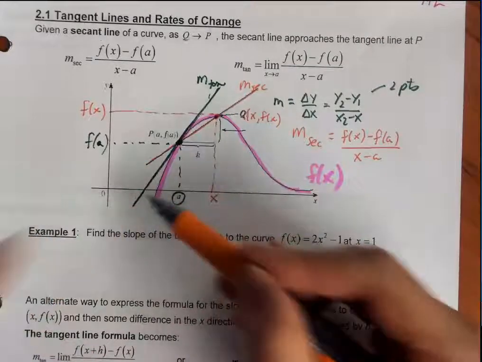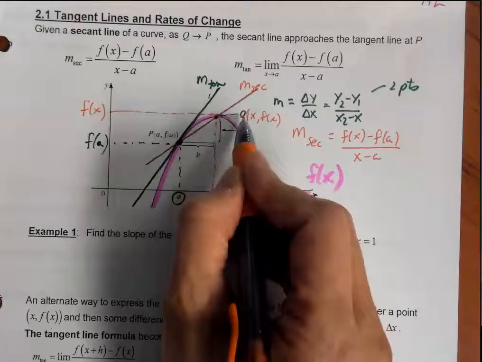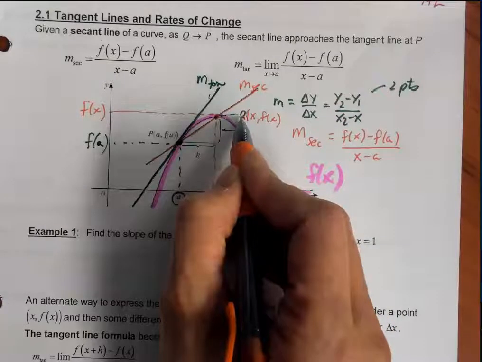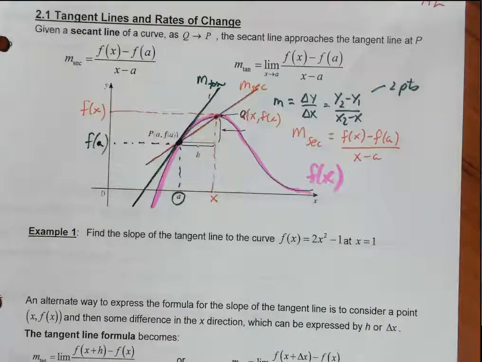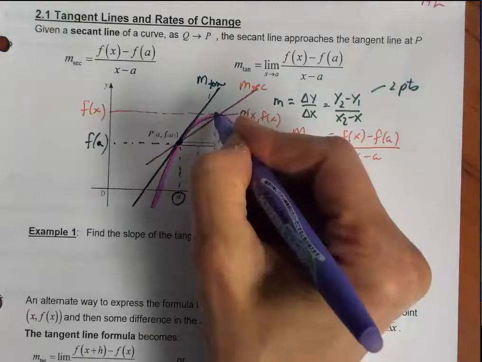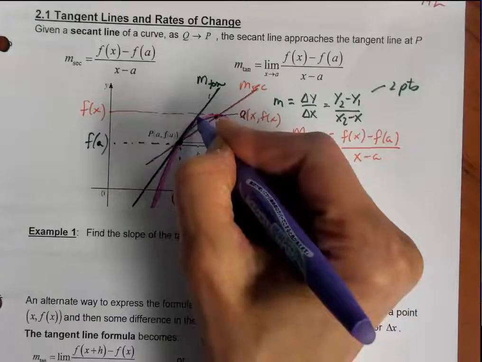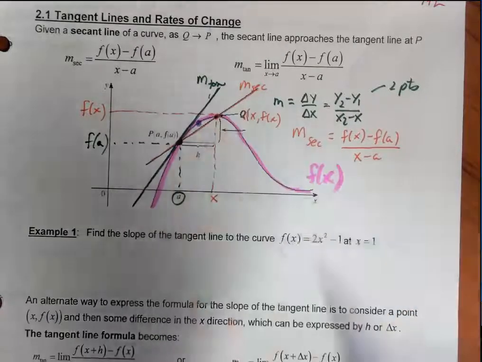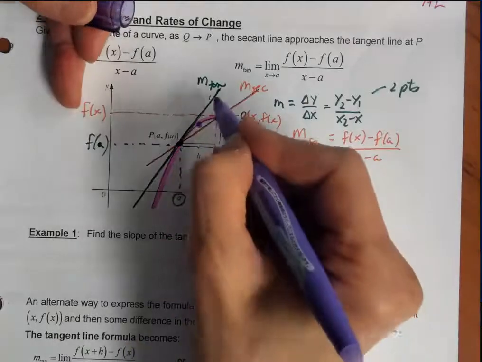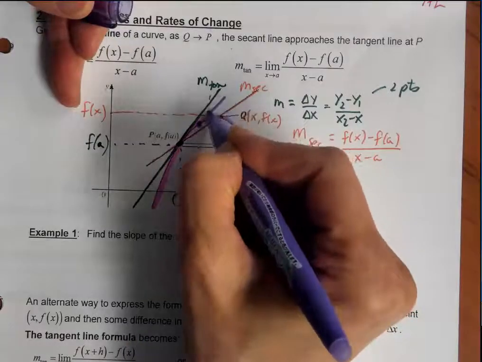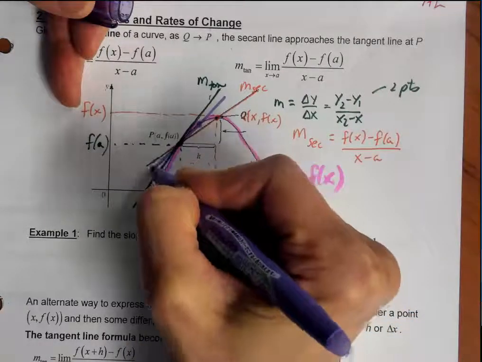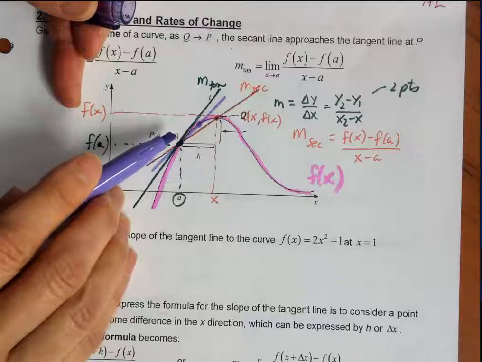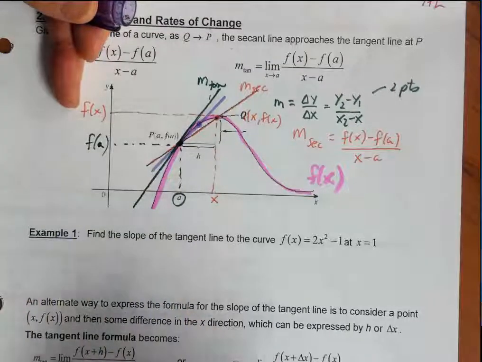I need to take this Q point, which is an arbitrary point, and make it a little bit closer. For example, instead of Q being right here, I could put it maybe right here. Then if I draw my secant slope, it'll be about here, which makes it a little bit better of an approximation.